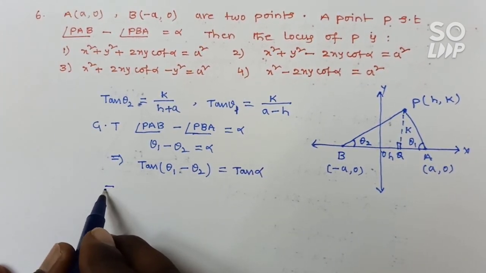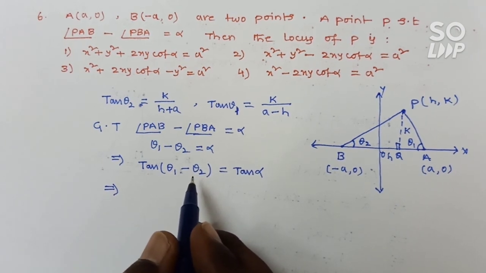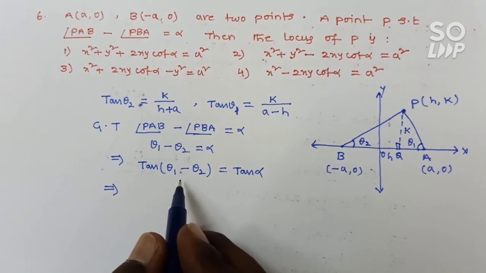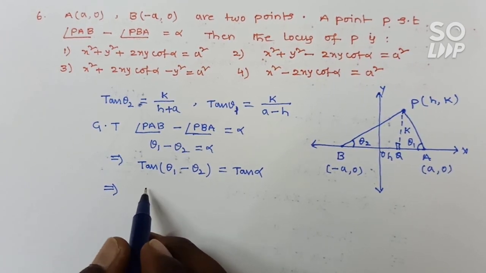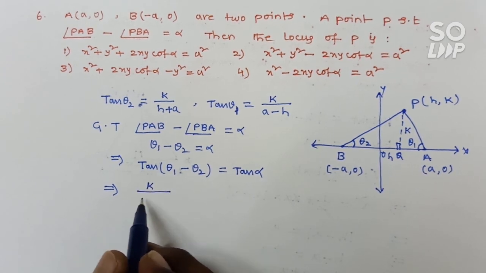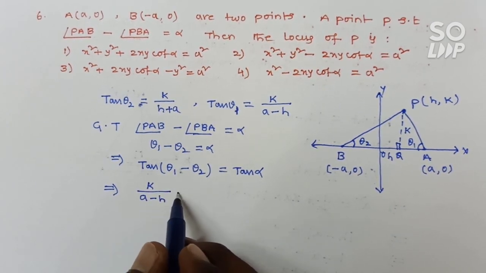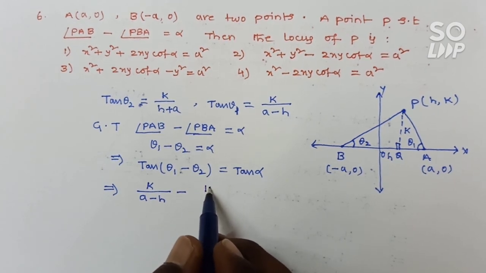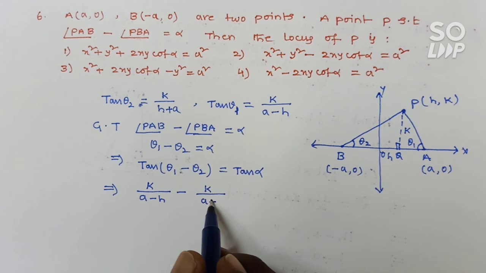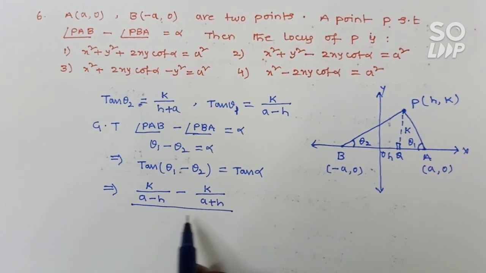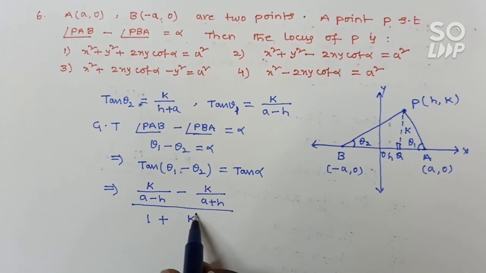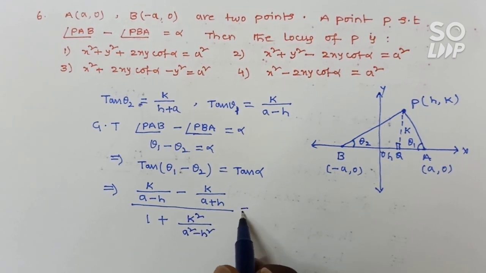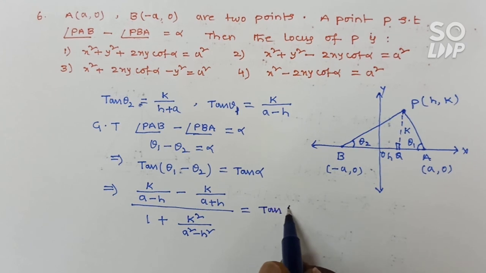Now you apply the tan of A minus B formula: tan A minus tan B by 1 plus tan A into tan B. According to that formula, tan theta 1 is K whole divided by A minus H, minus tan theta 2, which is K whole divided by A plus H, whole divided by 1 plus tan theta 1 into tan theta 2, K square whole divided by A square minus H square, is equal to tan alpha, right?